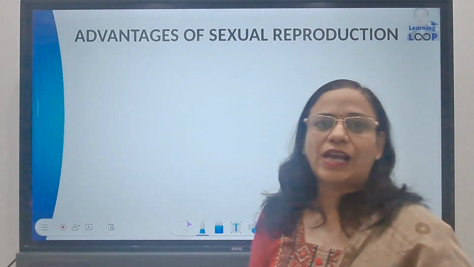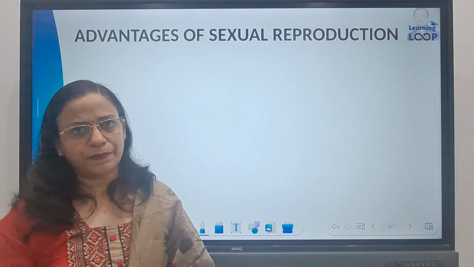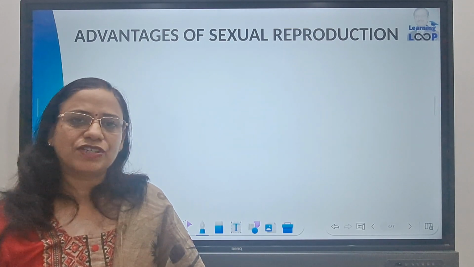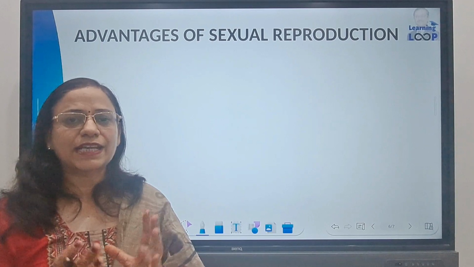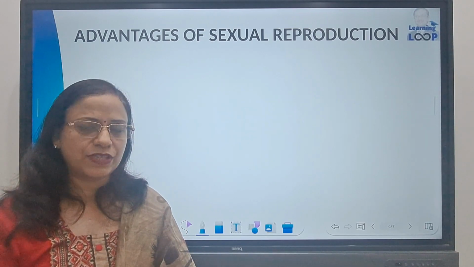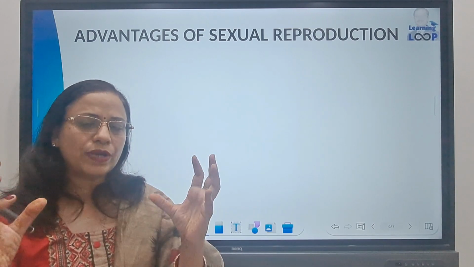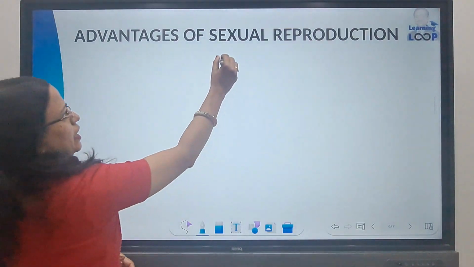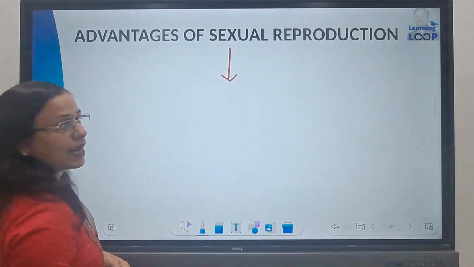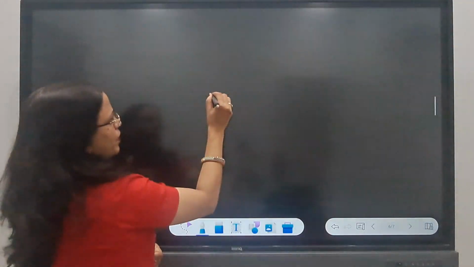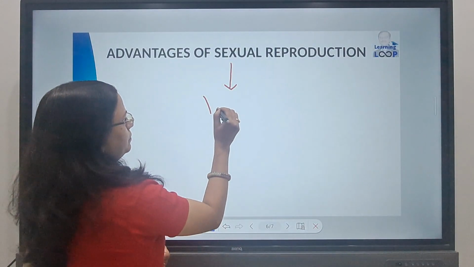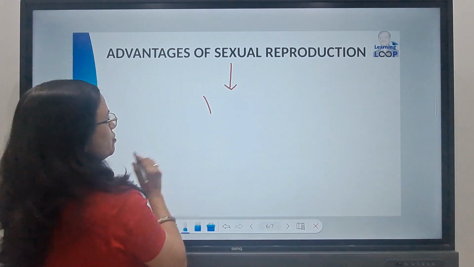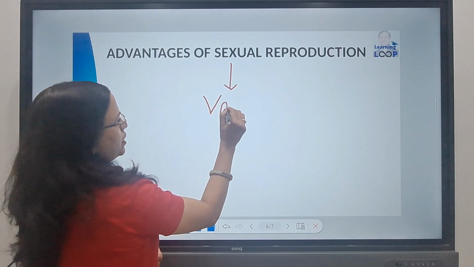The last topic of this chapter is the advantages of sexual reproduction as compared to asexual reproduction. In the very first lecture, we discussed that whenever sexual reproduction occurs, two parents are involved and two gametes come together to form one zygote. So the main advantage of sexual reproduction is that it helps in the production of variations.